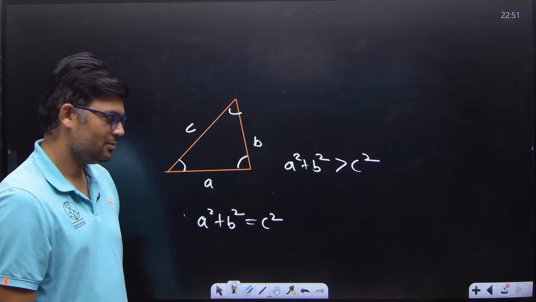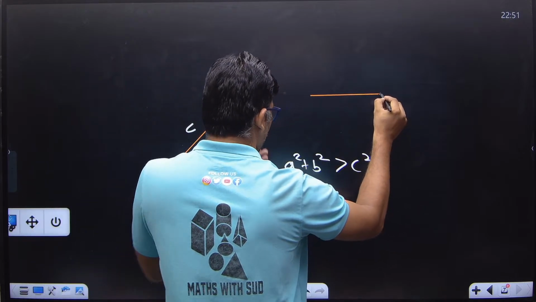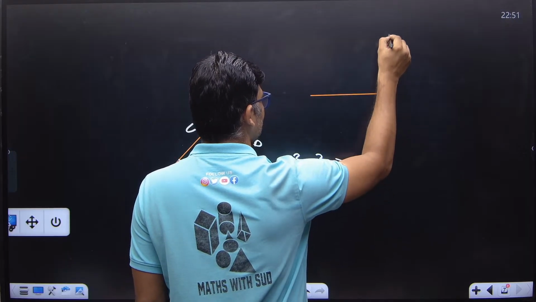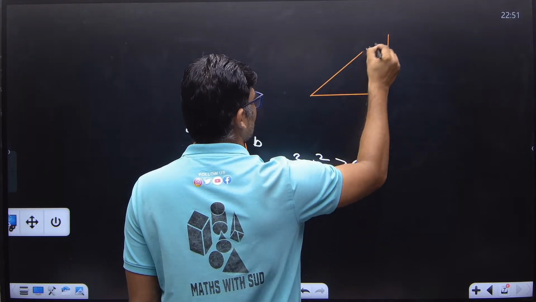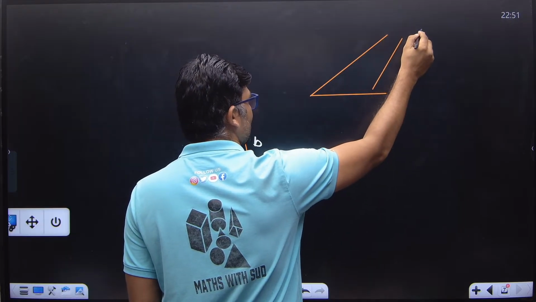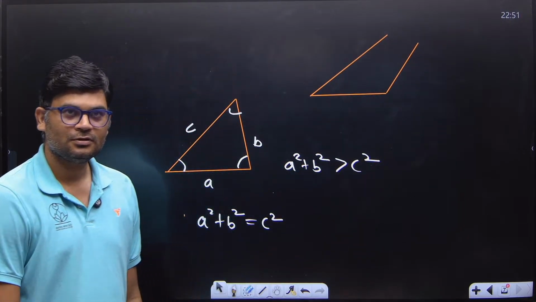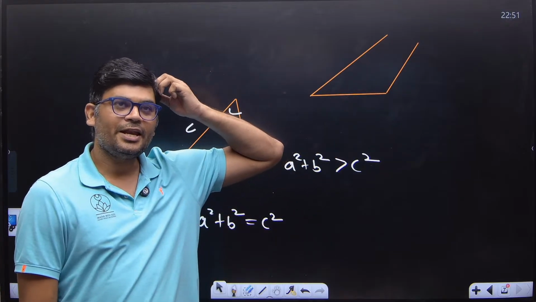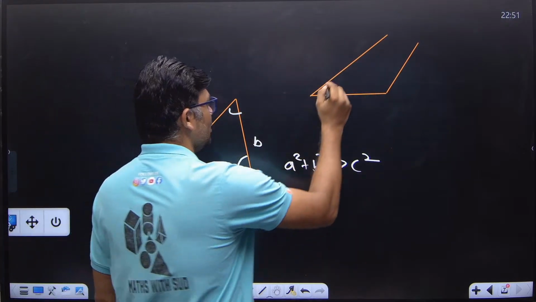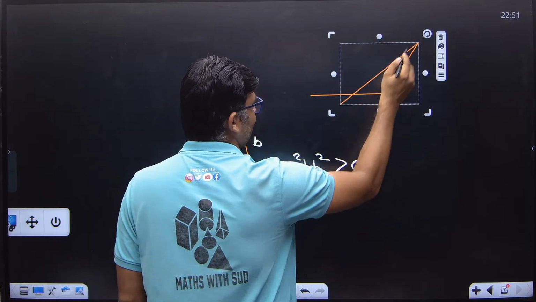Let us see one more. Now if I am just rotating this to make an obtuse angle triangle, can you see that to make this triangle, I need to increase the length?